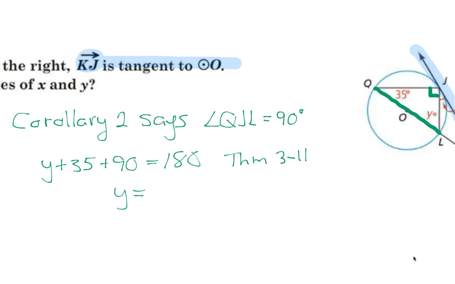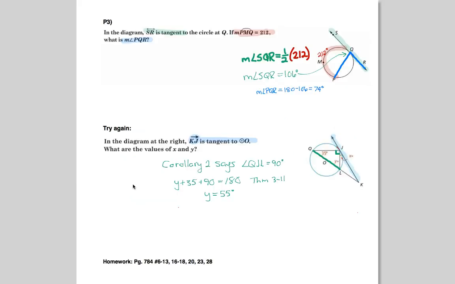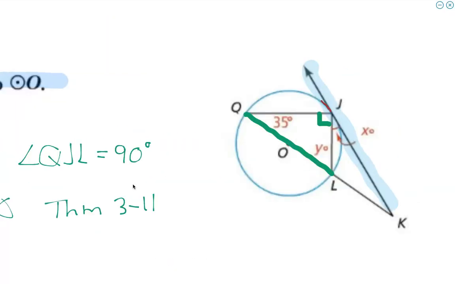That means Y equals 55 degrees. If we zoom in here and we look for angle X, it's right in here. We can call it angle LJK. LJK, that's angle X.